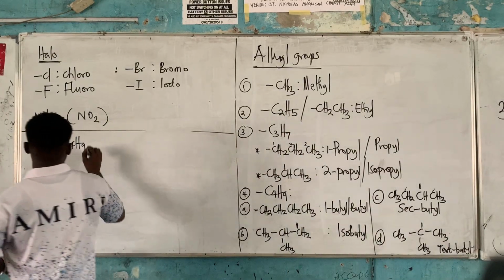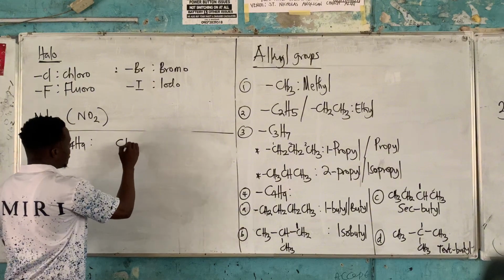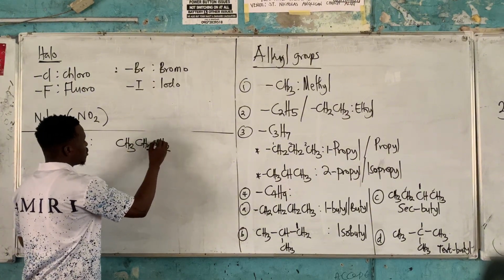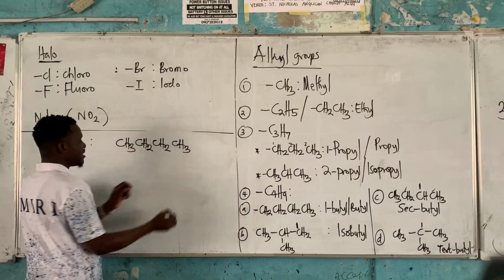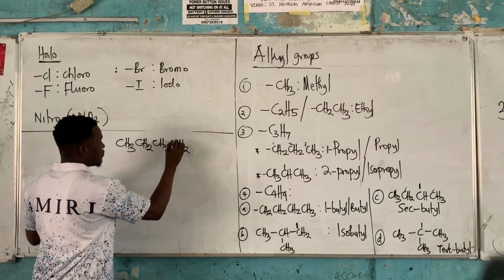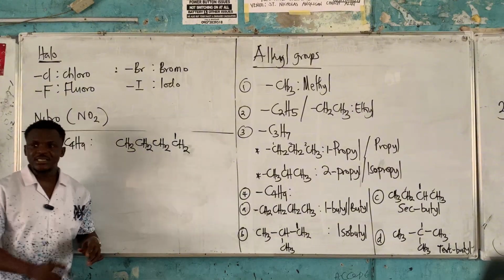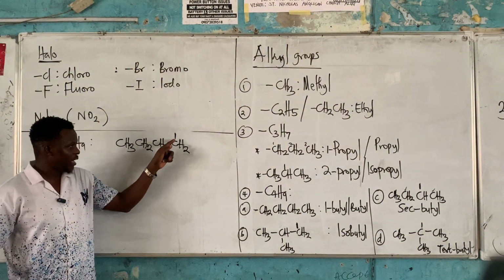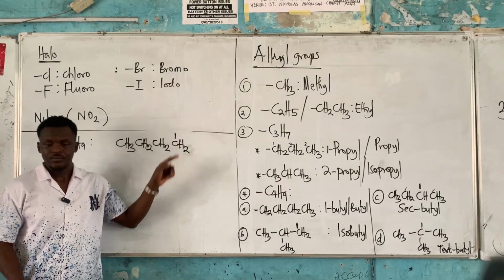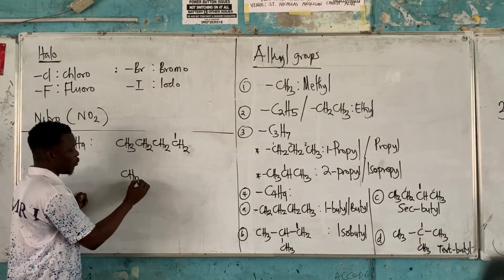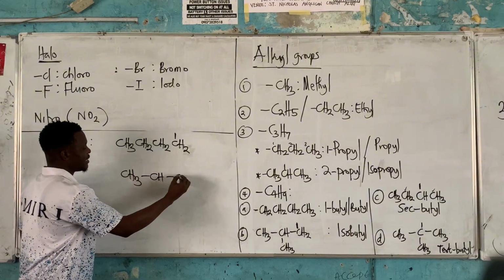If I have CH3, CH2, CH2, and then CH3, it would have been butane. I'll now say this is normal butyl. Butyl that is straight chain. The substituent is at the first carbon, is it not so? Now, normally isopropyl, from what we did previously, I said this is isopropyl.